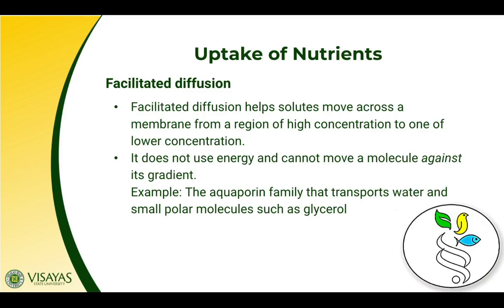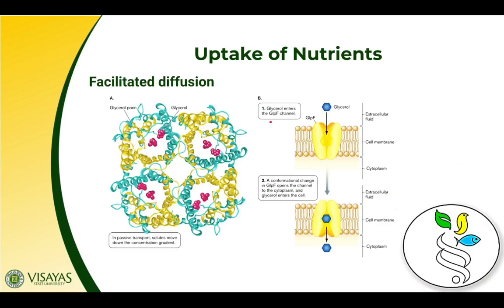You have here glycerol, and the transport protein is the GlpF. As the glycerol enters the GlpF channel, a conformational change in the GlpF opens the channel to the cytoplasm and glycerol enters the cell. That is how facilitated diffusion takes place.